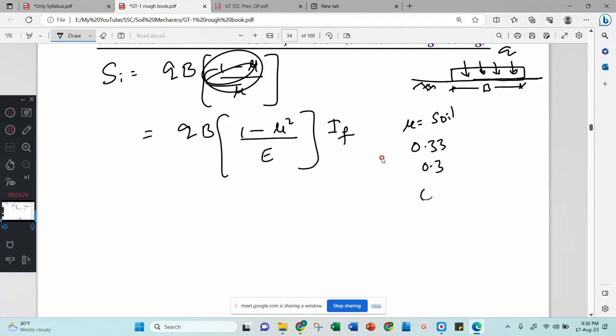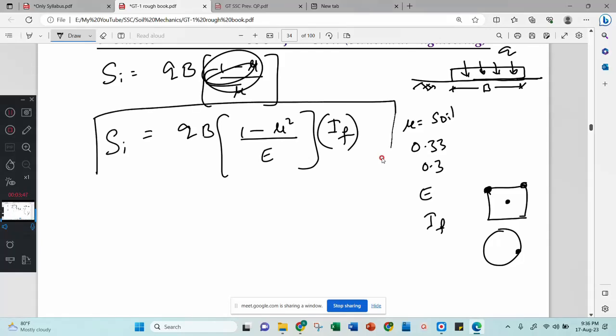Then what is E? Young's modulus of the soil. Then what is IF? IF is a shape factor. Whether your foundation is rectangle, circular, or where you want to find the settlement, at a corner you want, or at the middle you want, or at the surface you want, like that there will be some factors that are called the influence factor. Then this is your immediate settlement.